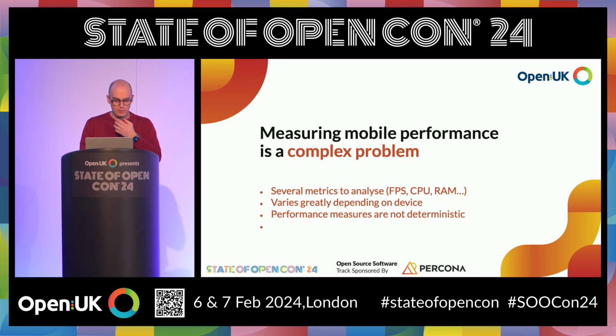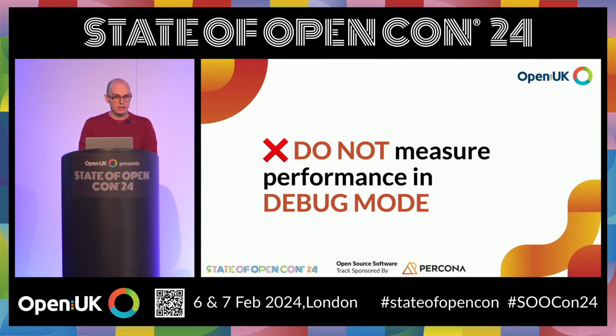Last thing I want to talk about in the reasons is, do not measure performance in debug mode. This left scars on me, trying to fix some issues and realizing that the issue was only present in debug mode and not actually in production mode because of the framework that I was using. Frameworks usually work obviously better in release mode.